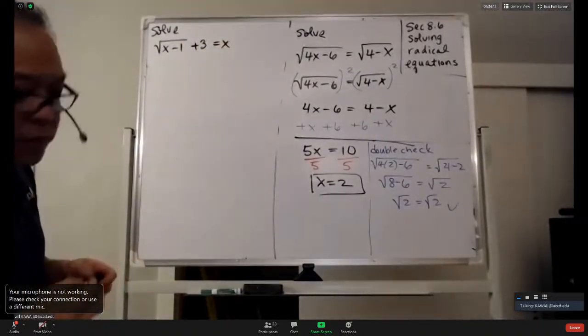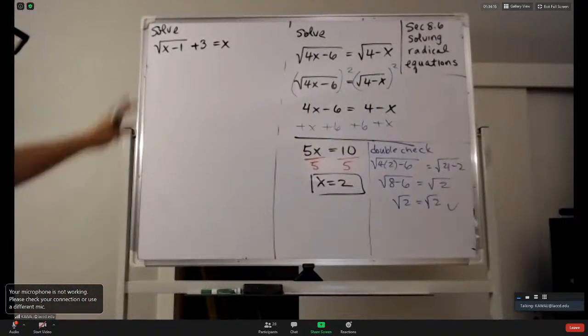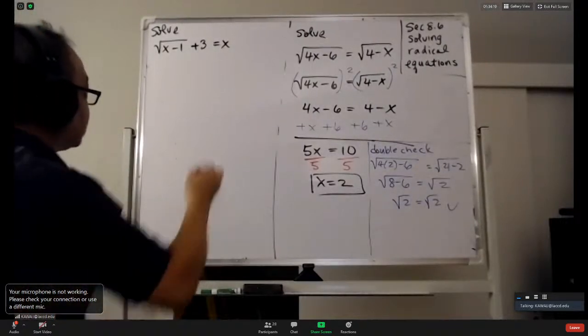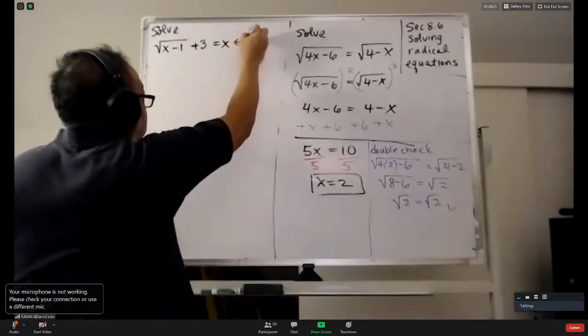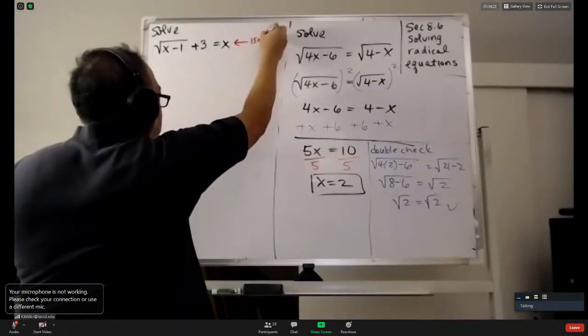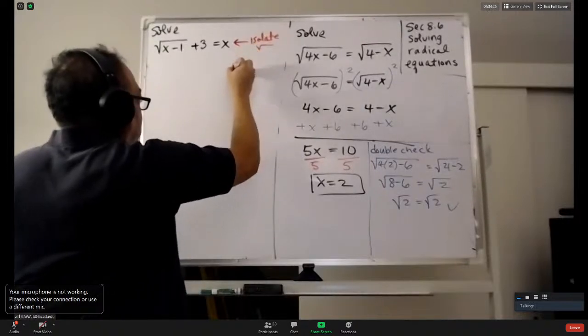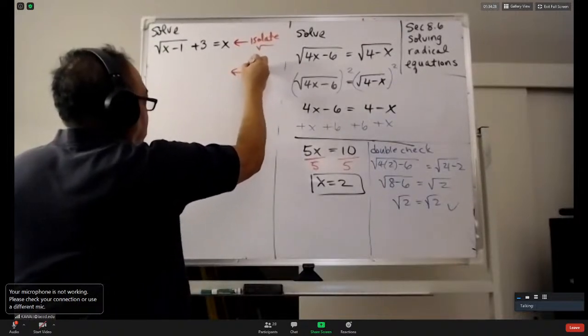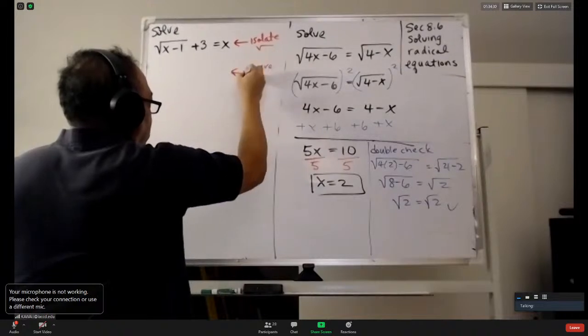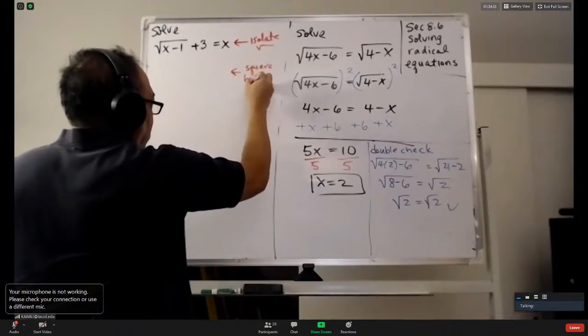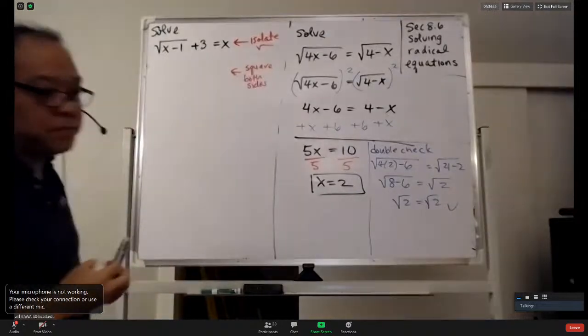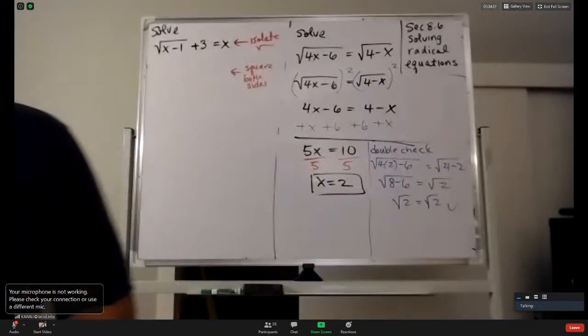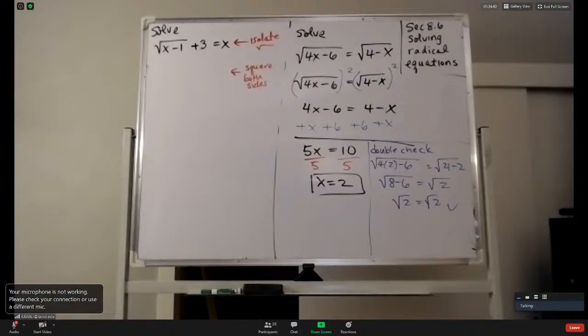Do what we've been doing all the way through: isolate the square root and then square both sides.